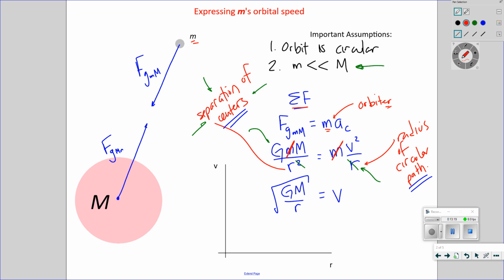It depends on the mass of the orbited object, the orbiter, there you go, that's better. That's the orbited object. And it also depends on the separation between the two objects, which we can assume is the same thing as the orbital radius if we make this assumption.